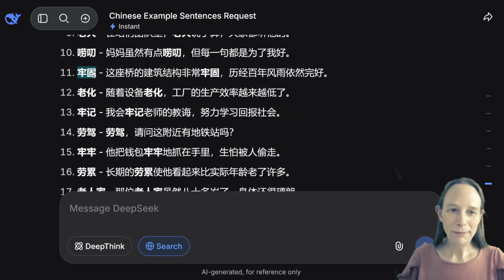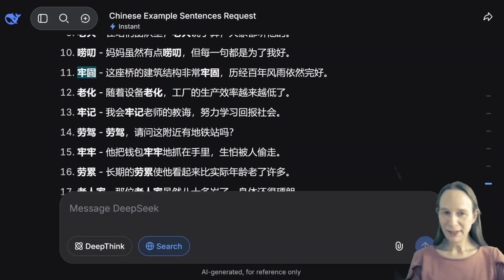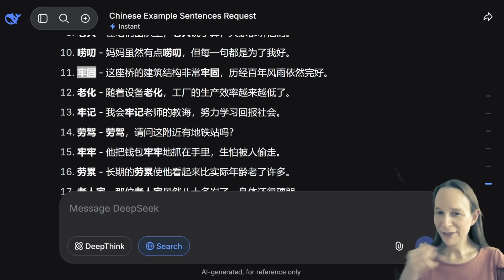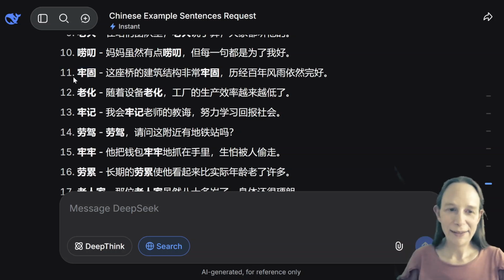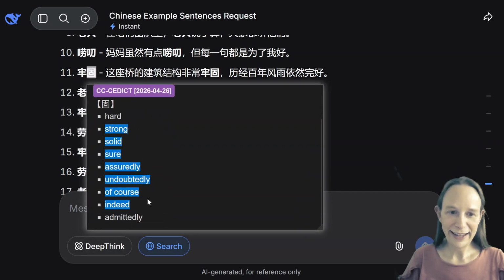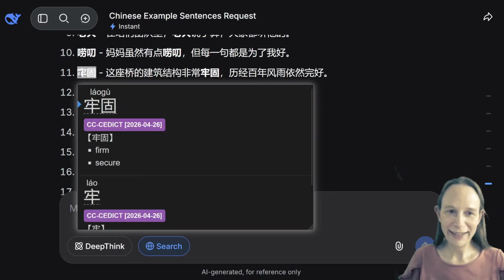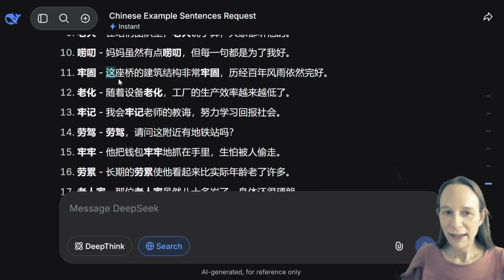牢固, 牢固. So 牢 means firm and unchanging. 固 also kind of means firm and unchanging. 牢 firm, secure. 固 yeah, hard, strong, solid, sure. Yeah, 牢固. 这座桥的建筑建筑结构非常牢固.